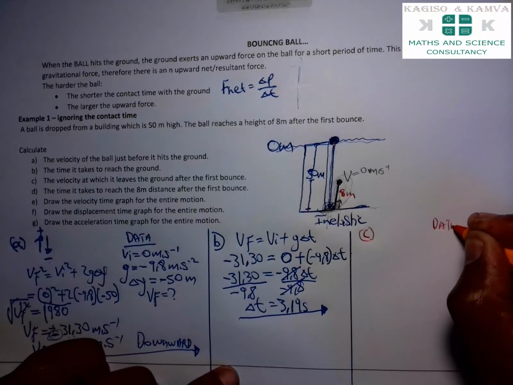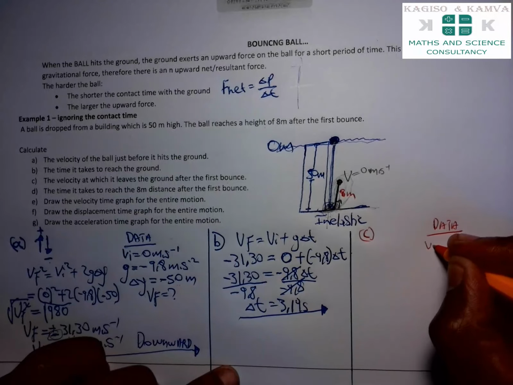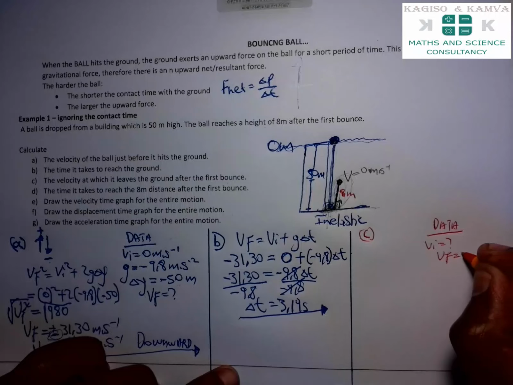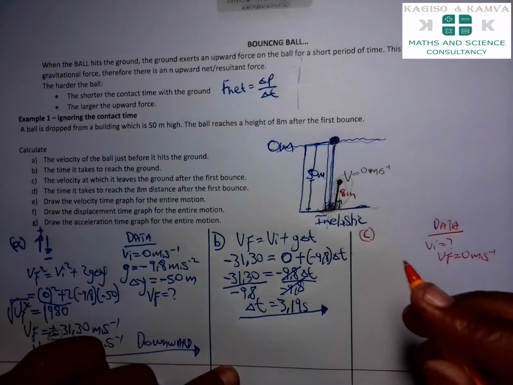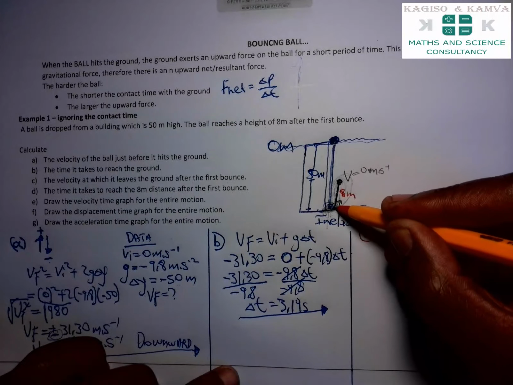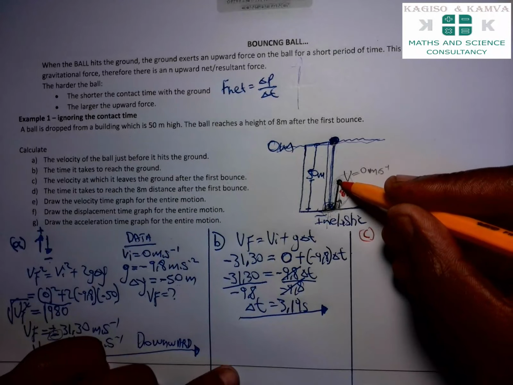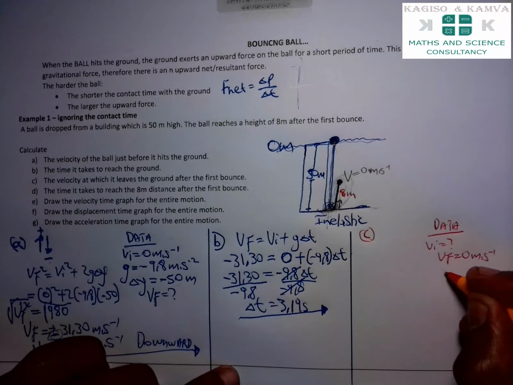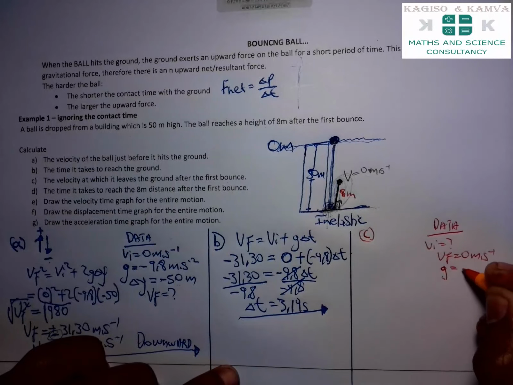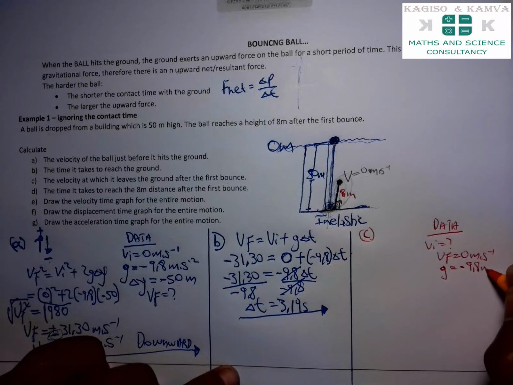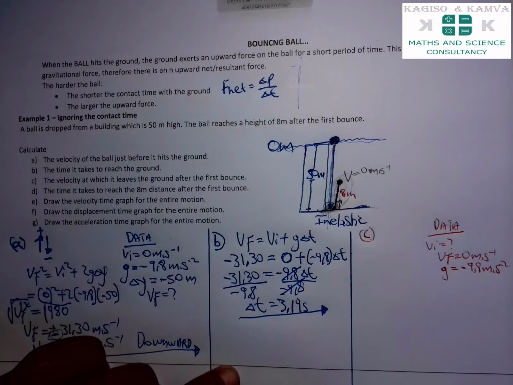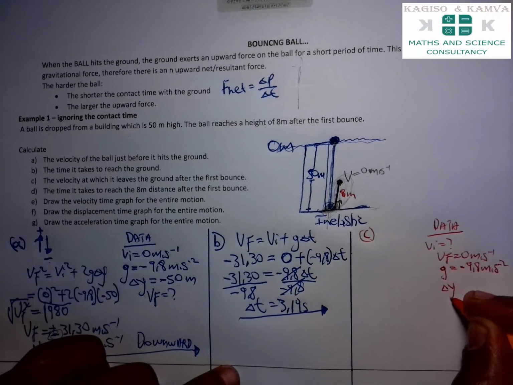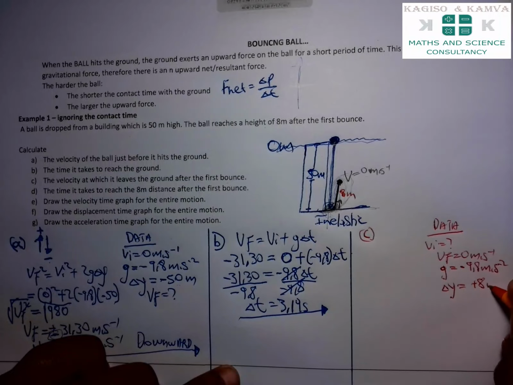VI is what we are looking for. We've got VF, which is equal to 0 meters per second, because this is going to be the initial velocity, this is going to be the final velocity, and at the maximum height the velocity is 0. And we have G, which is negative 9.8 meters per second squared. And we have the change in Y, which is positive 8 meters.